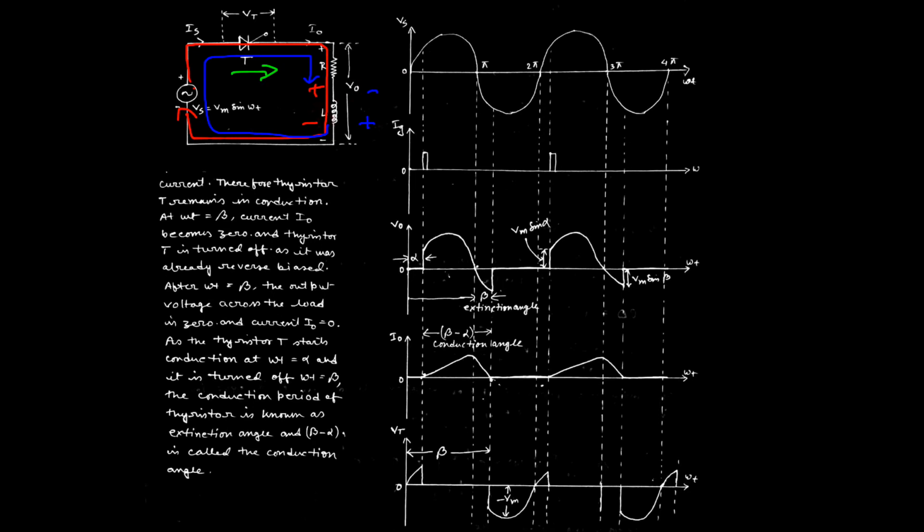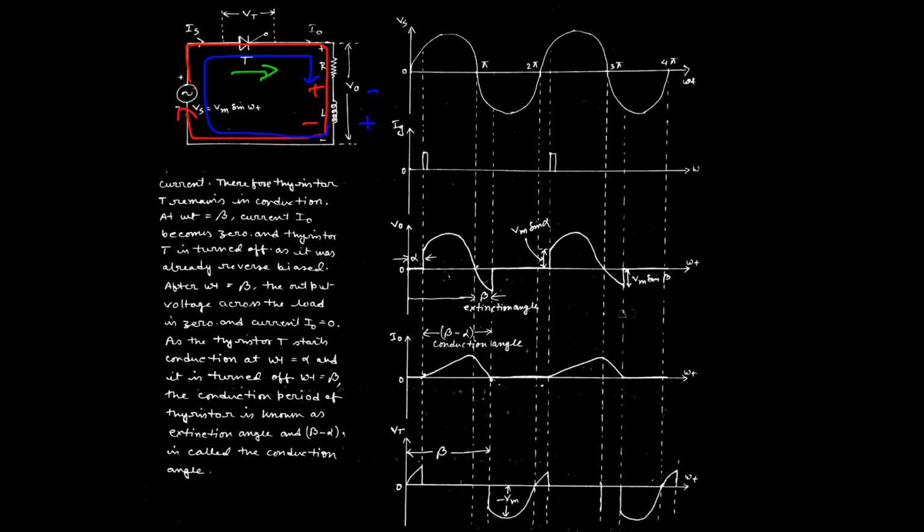The discharging current flows from this part to the supply, then the thyristor, and then the resistance. That means in both cases, the charging current and the discharging current of the inductor flow across the load in the upward to downward direction. So we can say the direction of the current across the load is the same. We consider this the positive current.